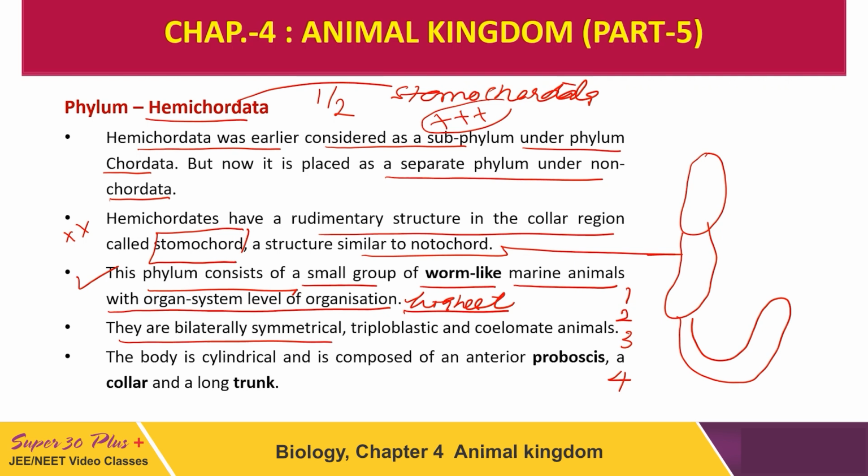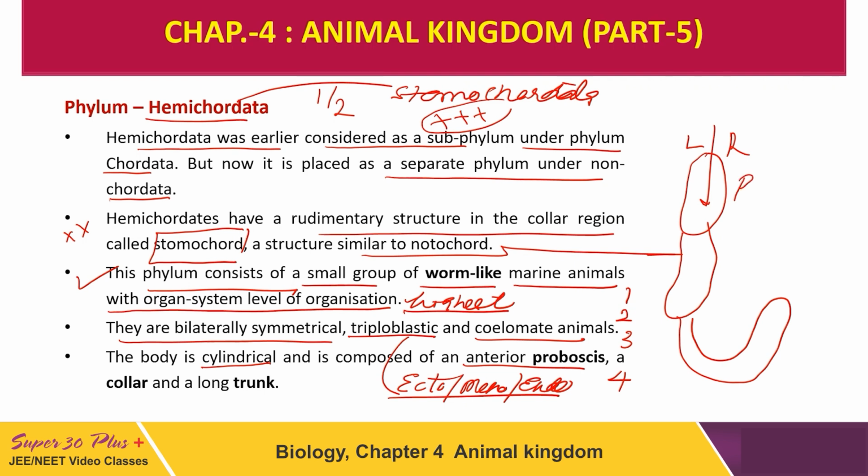The body is bilaterally symmetrical; we can divide the body into 2 halves, left and right. Triploblastic, as usual: all 3 germinal layers, ectoderm, mesoderm, and endoderm, are present. Coelomate animals, true coelom is present. Body is cylindrical. It is composed of an anterior region, the proboscis, the middle region, the collar, and a long trunk.